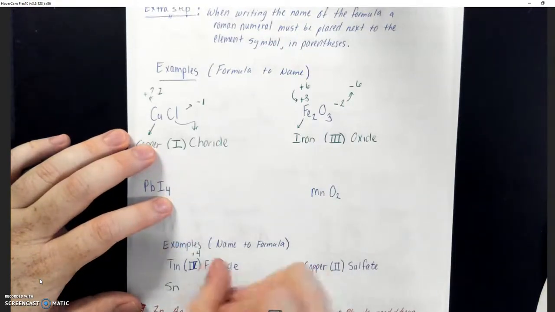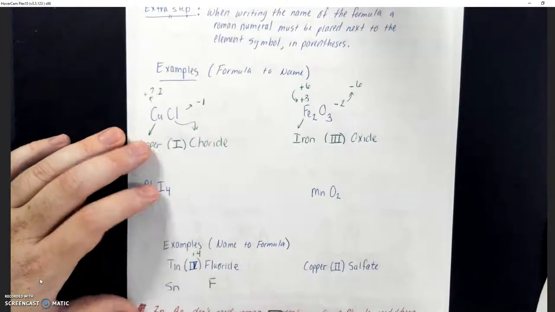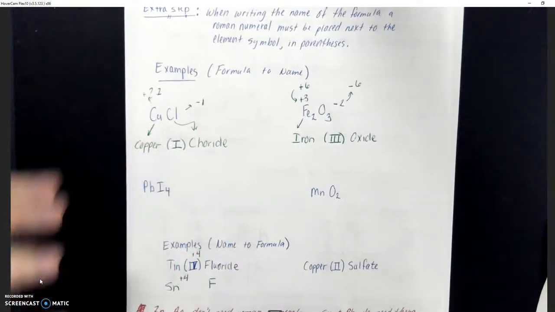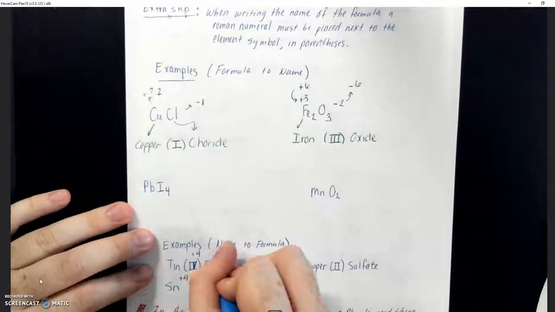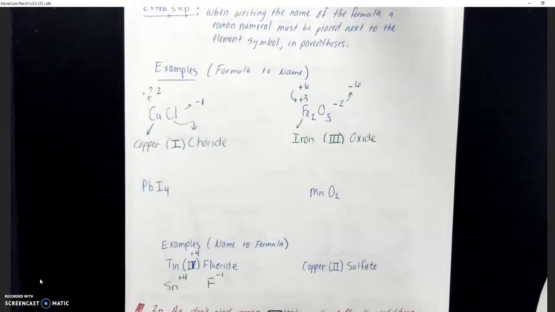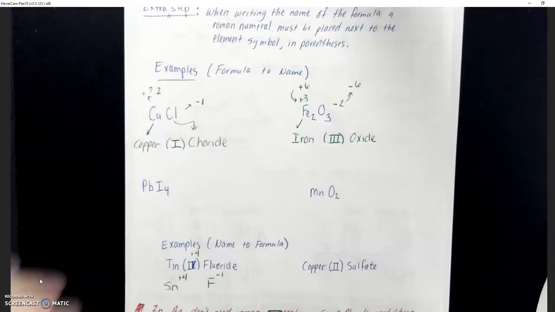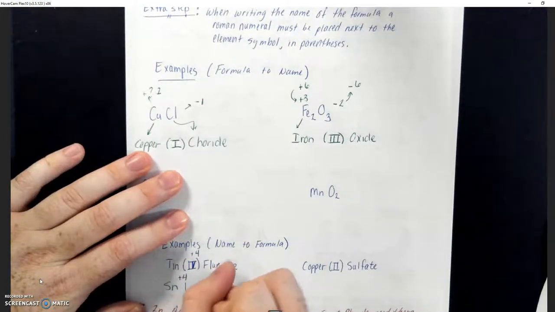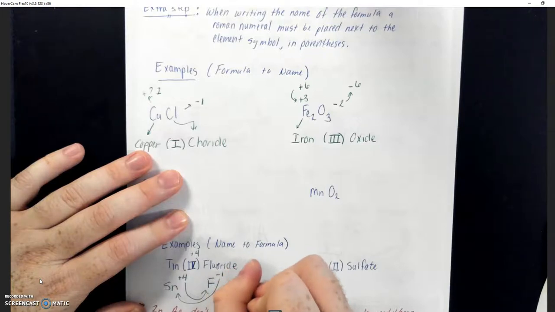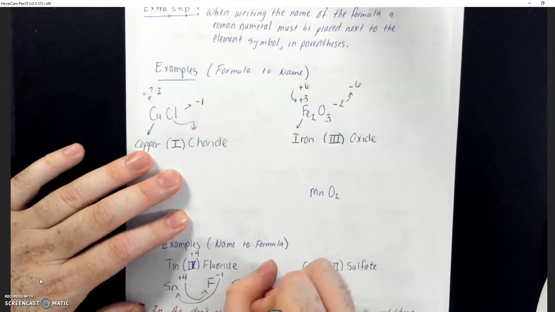You know that fluorine is in there as well. Put +4 here. And it has a -1 charge. It's in group 7. Needs to gain 1 to get to 8. If you do the old switcheroo method, you'll have SnF4.